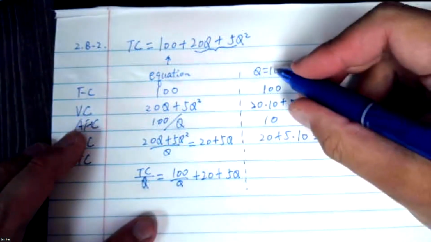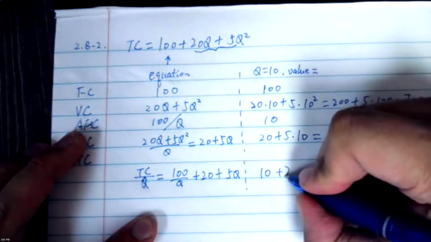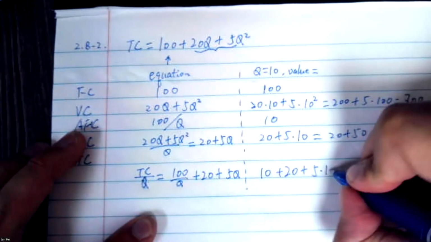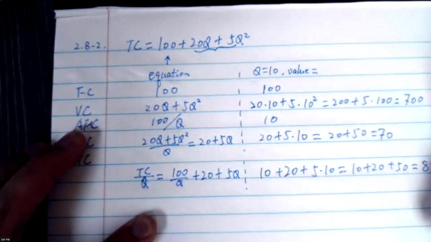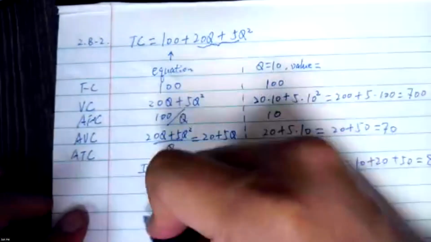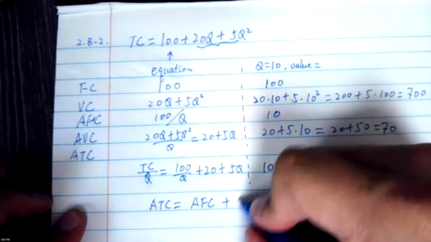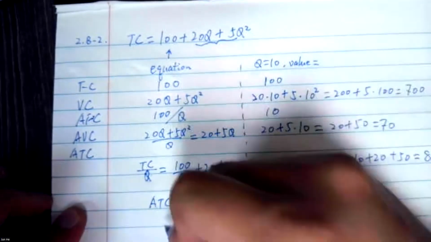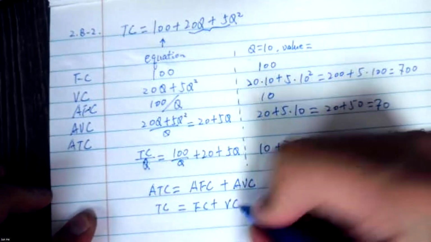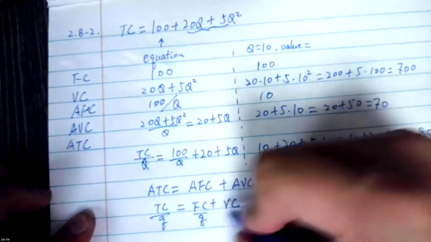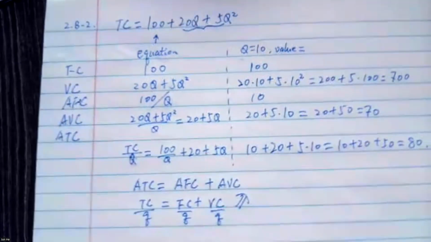So here, when Q equals 10, that is 100 over 10, which is 10, plus 20 plus 5 times 10, which is 10 plus 20 plus 50 equals 80. And actually, you can see average total cost equals average fixed cost plus average variable cost. Why? That's because total cost equals fixed cost plus variable cost. And when you divide both sides of the equation by Q, you have the result above.